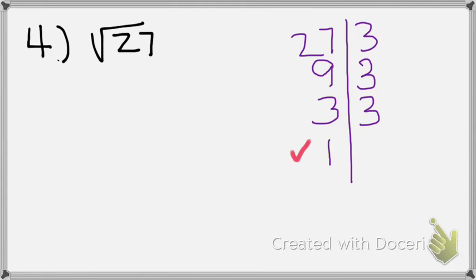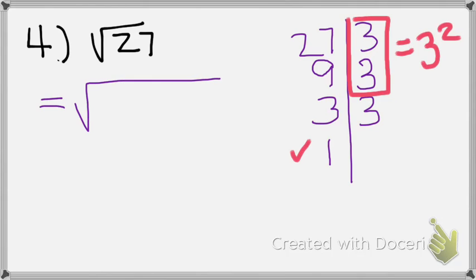So I've got these two, and it doesn't matter which two you pick. Can't you write that as 3 squared? All right. So here's what you're going to do. This is where it gets fun. I'm going to rewrite this.